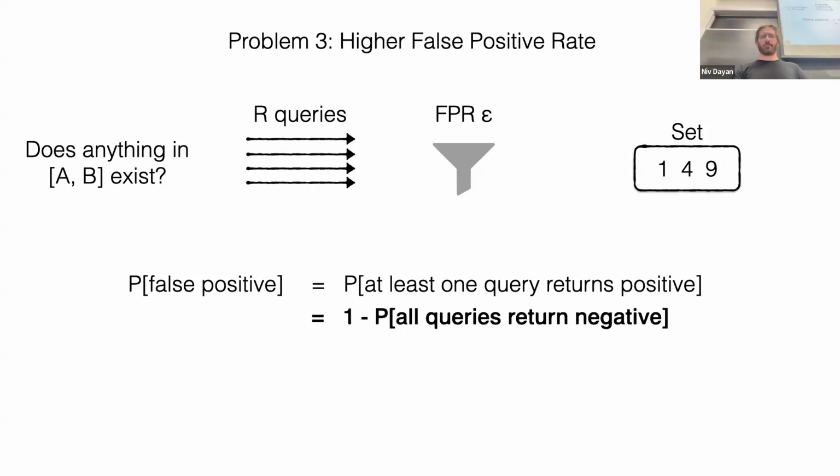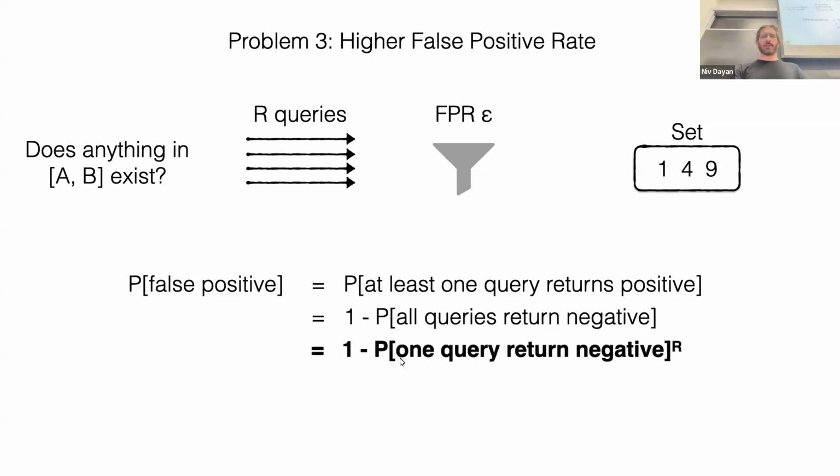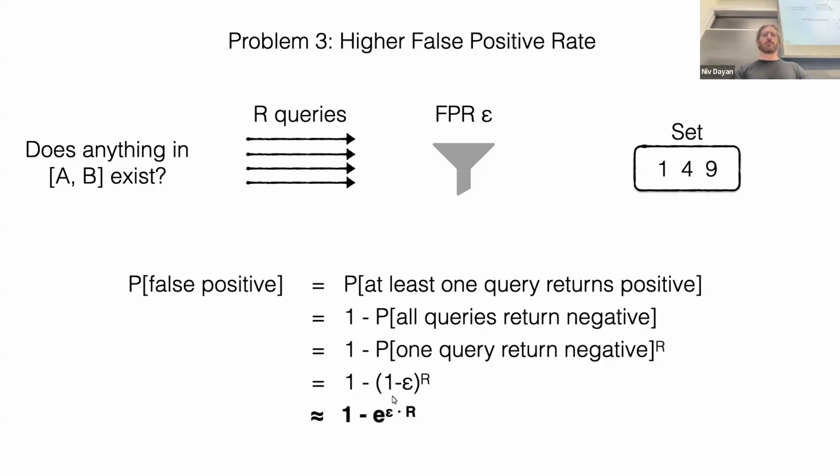Now transform this into the probability that one query returns a negative, raised to the power of R, because that's the number of times you're repeating that experiment. And the probability of one query returning a negative is, by definition for a given filter, this. And then given some identities that we've seen in the course, you can simplify this into this.